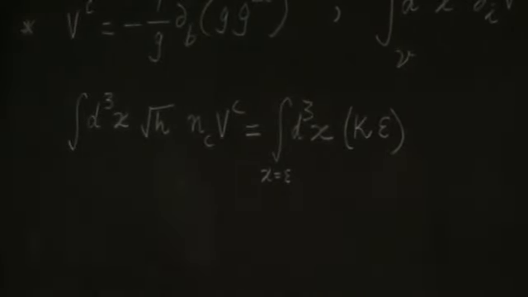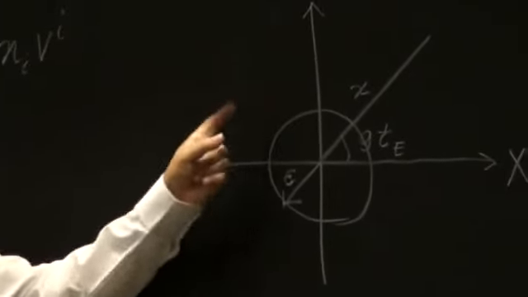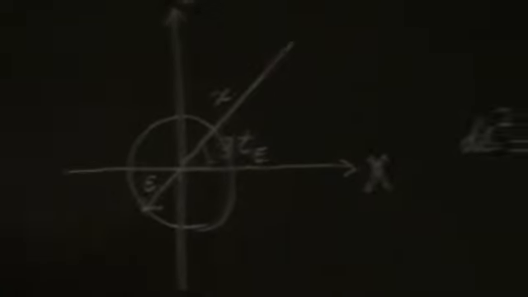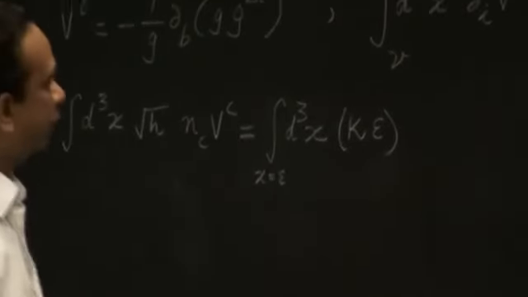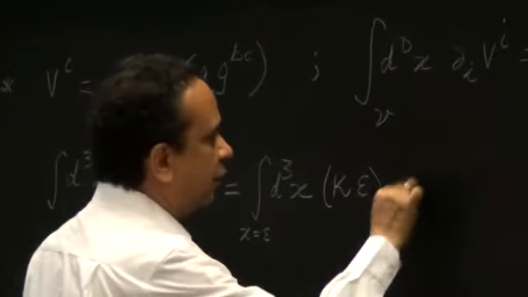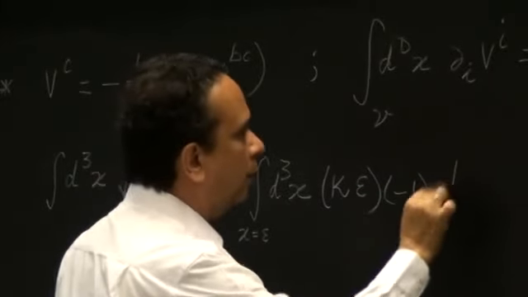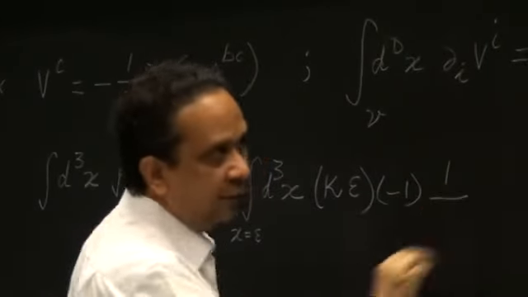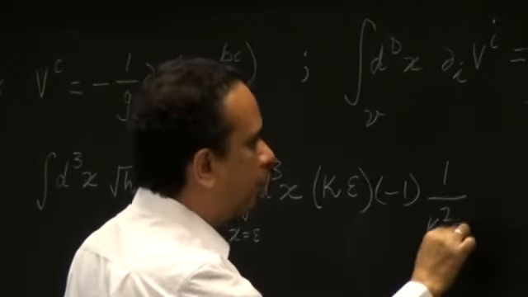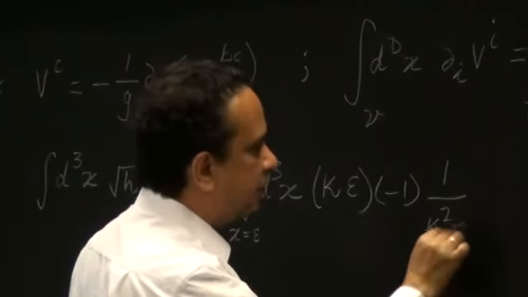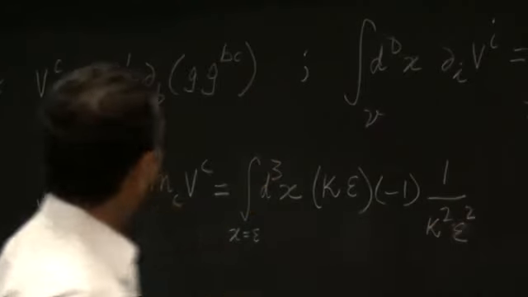Then n^c is the normal to that surface. This is the normal in the x direction. The coefficient of dx squared is 1, so it is just 1 in any direction, and I don't have to worry. I just have to write V_x, the x component of V. What is V_x? You go back to this. V_x is minus 1 upon g, where g will be again kappa square x square, evaluated at x equal to epsilon, so kappa square epsilon square.